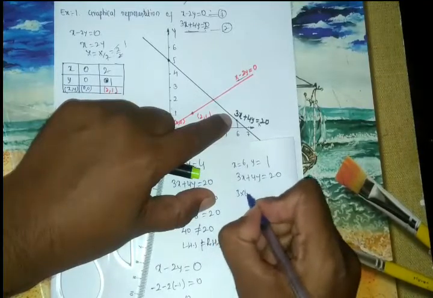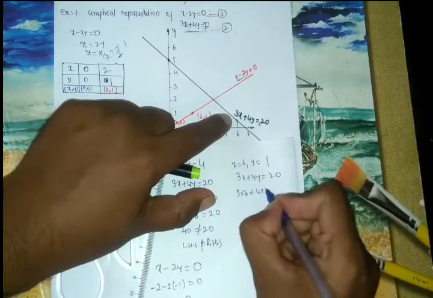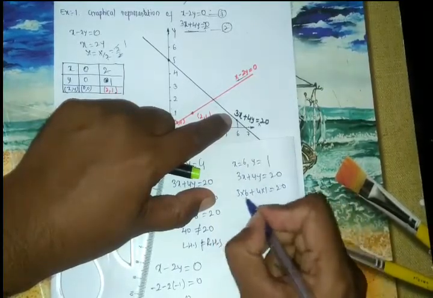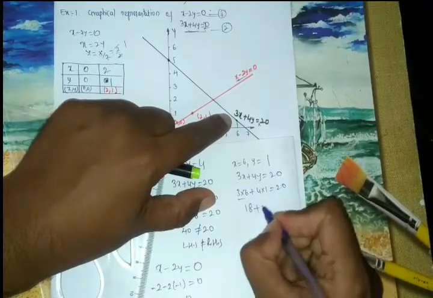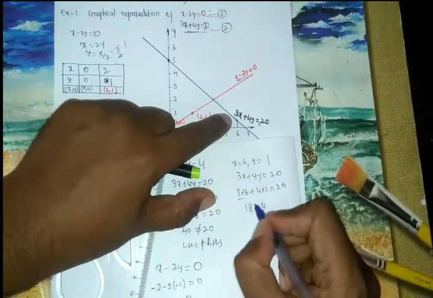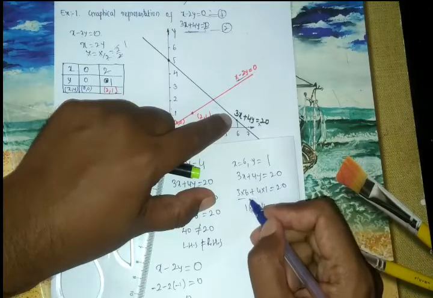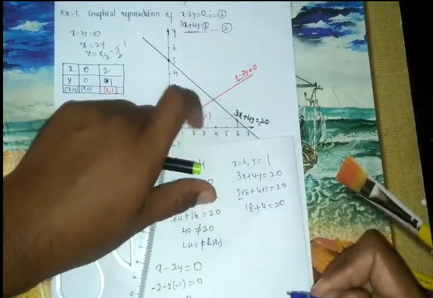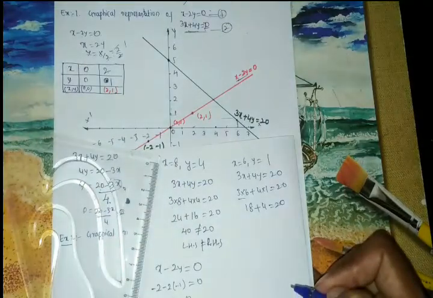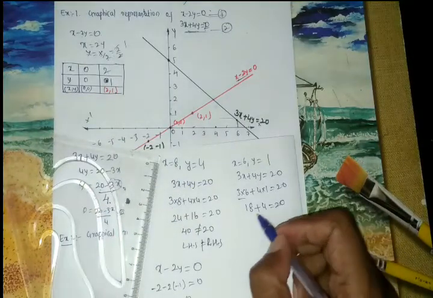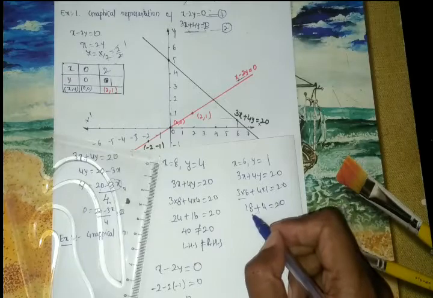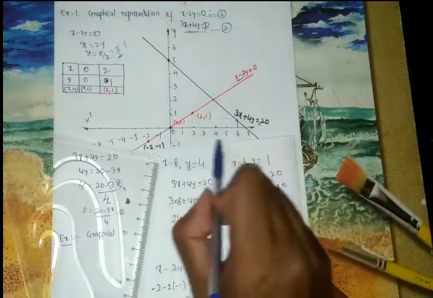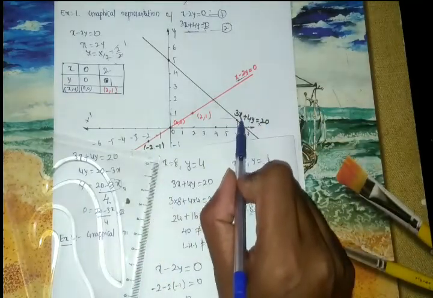So 3 into 6 plus 4 into 1 equals 20. This is 18 plus 4. Sorry, it should come 20, but I have not drawn it to scale.